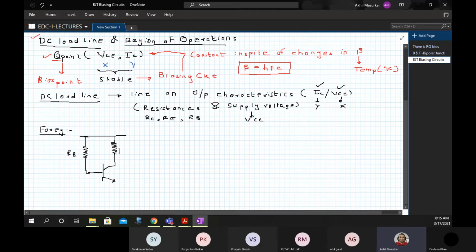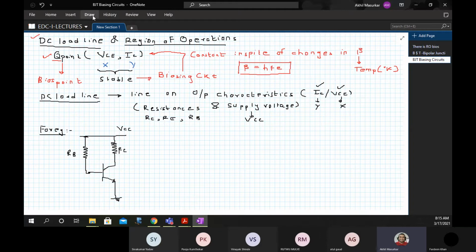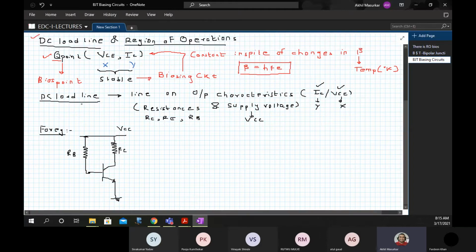This is RB, RC, and this is VCC. Let's assume some values. Like I told you, this is going to be IB.